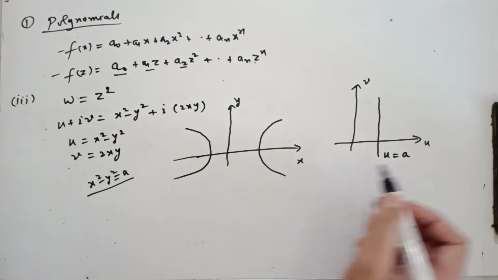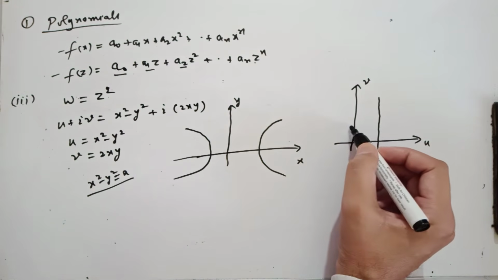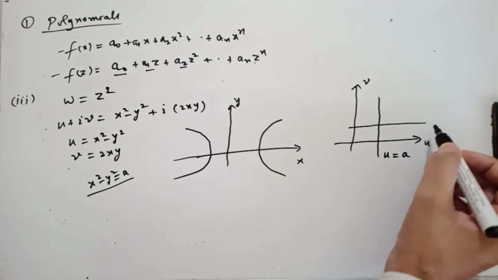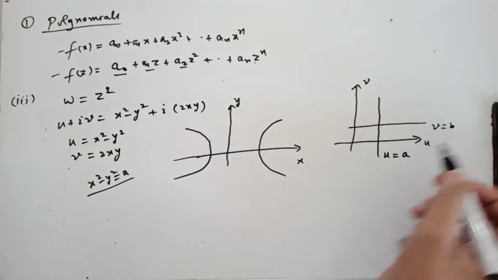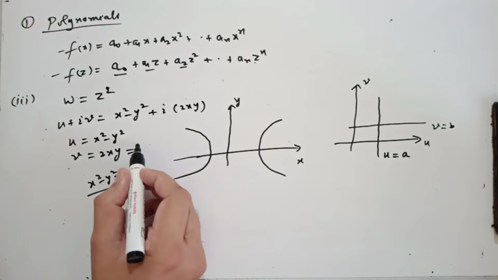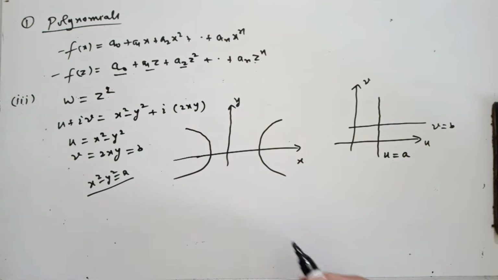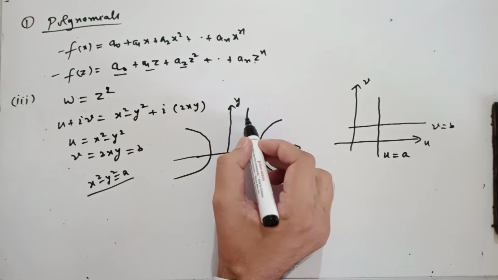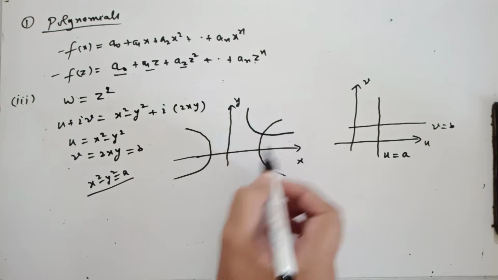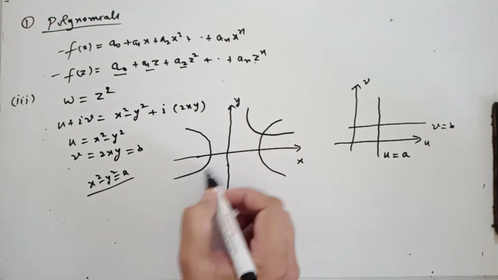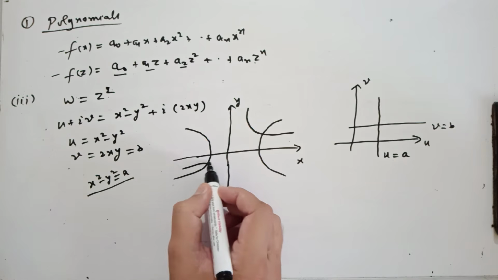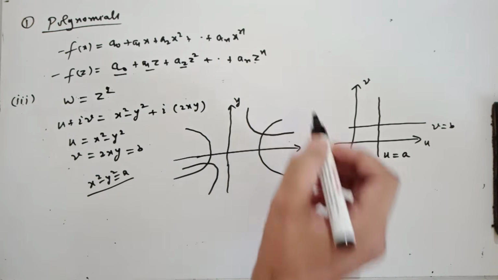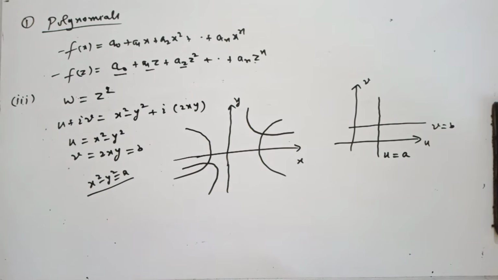Likewise, if I choose v equal to constant, it is a straight line parallel to the u-axis. Say v equal to b. So v equal to b, what is it geometrically? It is a hyperbola again, but with axis passing through the line y equal to x, right?